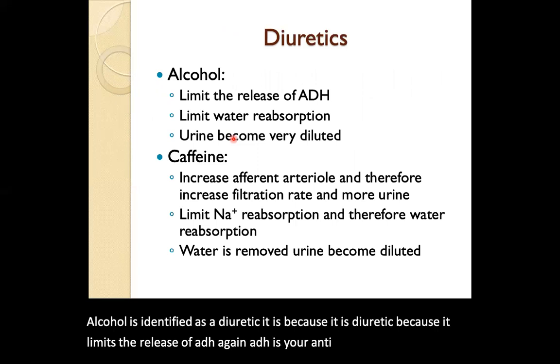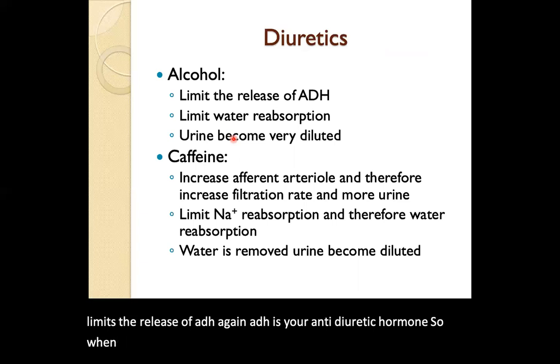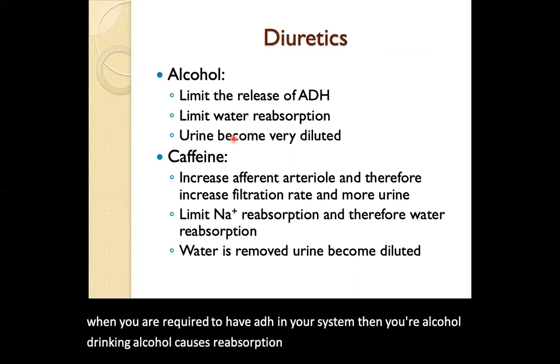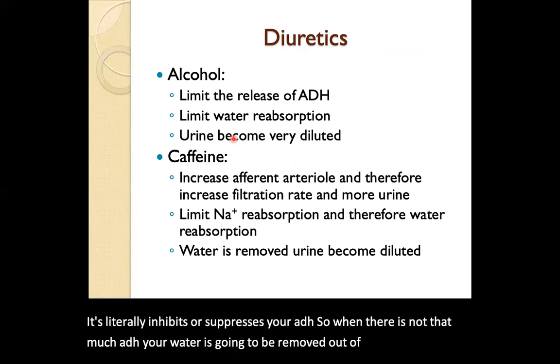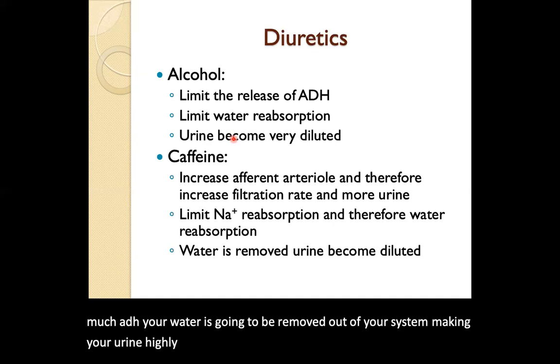So when you are required to have ADH in your system, drinking alcohol causes reabsorption of the water to decrease because it literally inhibits or suppresses your ADH. When there is not that much ADH, your water is going to be removed out of your system, making your urine highly dilute and the volume of your urine pretty high.